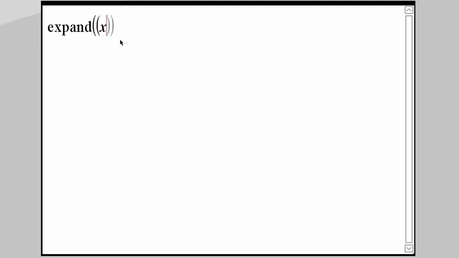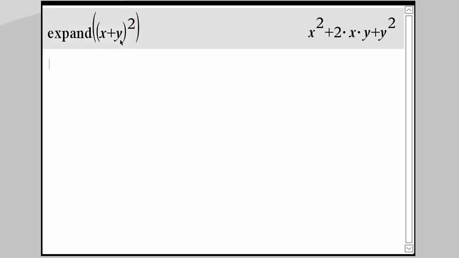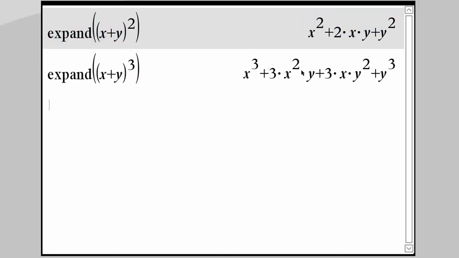Just to reconfirm what you had seen before in your algebra and pre-calculus classes, if I have a binomial x plus y and I square it, then I see those coefficients of 1, 2, and 1 that you had seen before. If I expand cubed, I see a 1, 3, 3, 1 as my coefficients. So I'm getting exactly the same thing that I had seen before, just now showing up with heads and tails.